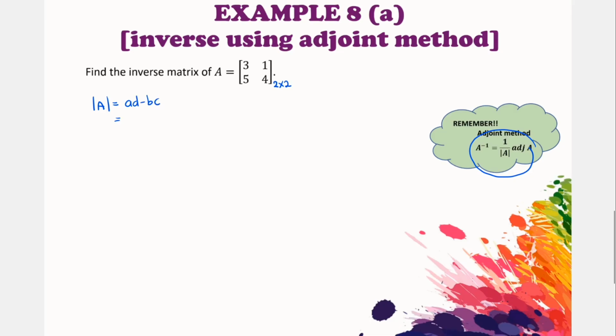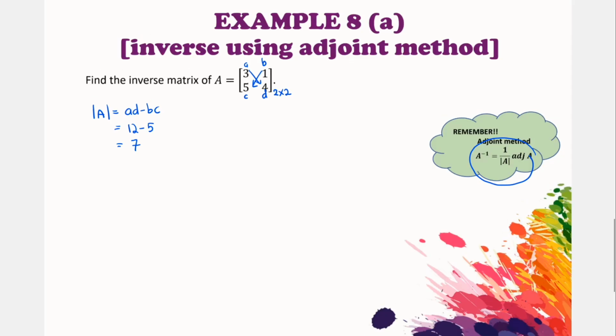This is your A, B, C, D. A multiplied by D is 12 minus B multiplied by C is 5, and we get the determinant as 7.